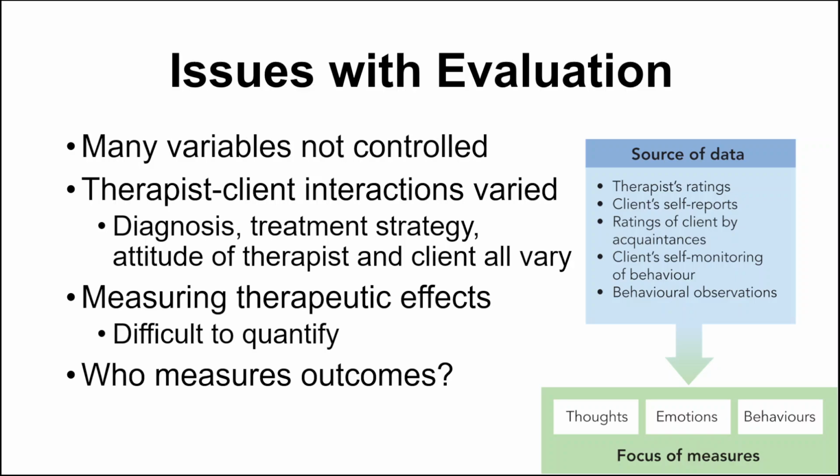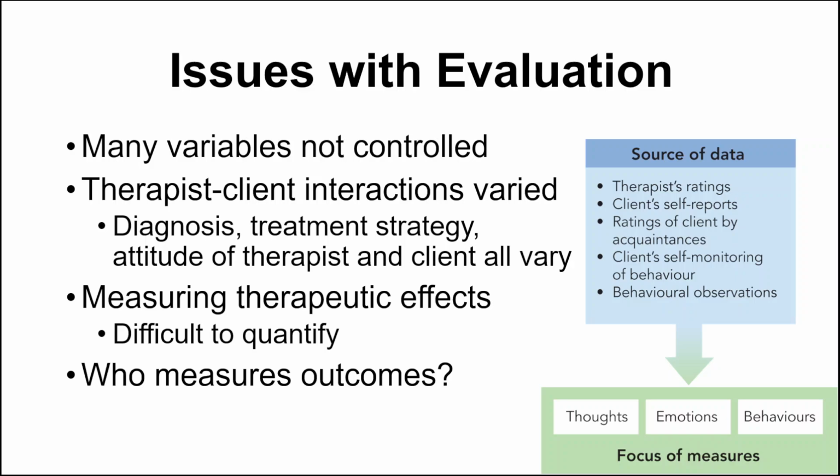We also have to acknowledge the fact that we've stressed a lot that the therapist is going to have qualities that are going to make them better or worse in terms of implementing certain treatments. The client is also going to be more or less open to using different kinds of treatments, but there's also the interaction between the two.